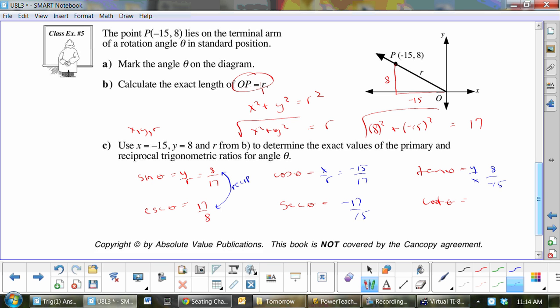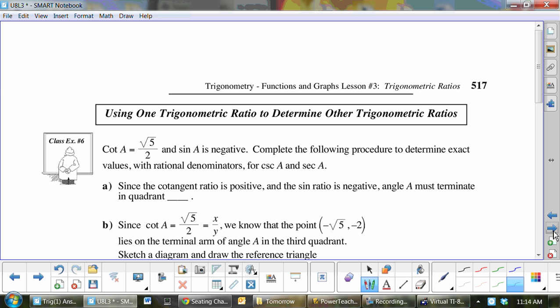Now you can have negative 15 over 8 for the reciprocal, okay? Now, this question has written response all over it. Okay? So, yes, I'm going to tell you that I'm going to put a question just like this on your exam.